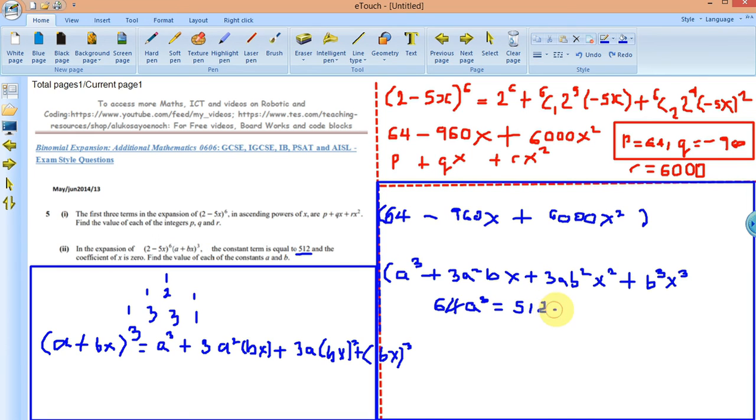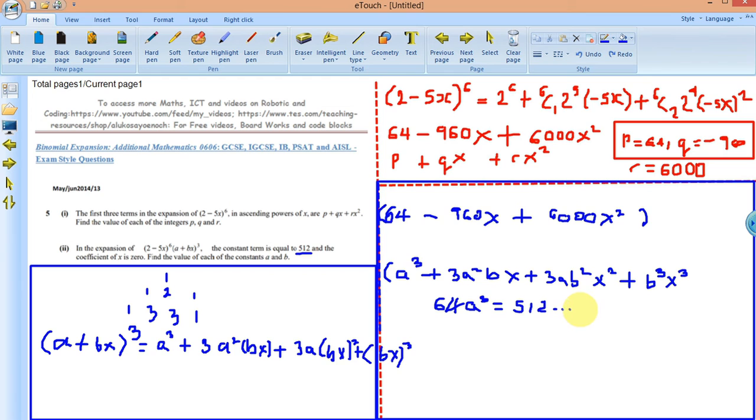In fact, I think I can just finish up here. From here, I can find the value of a. From equation 1, a will be the cube root of 512 over 64.